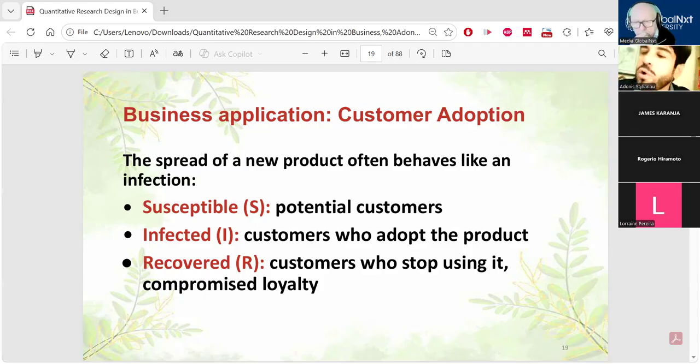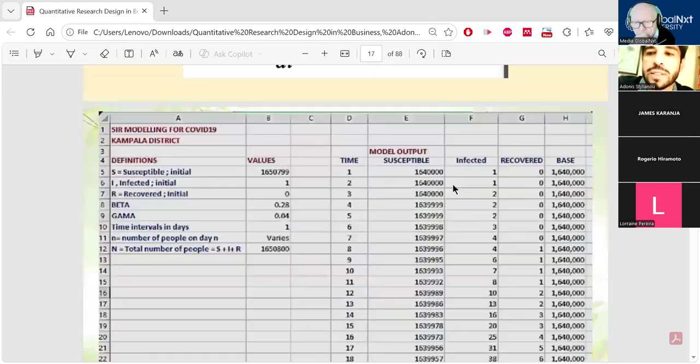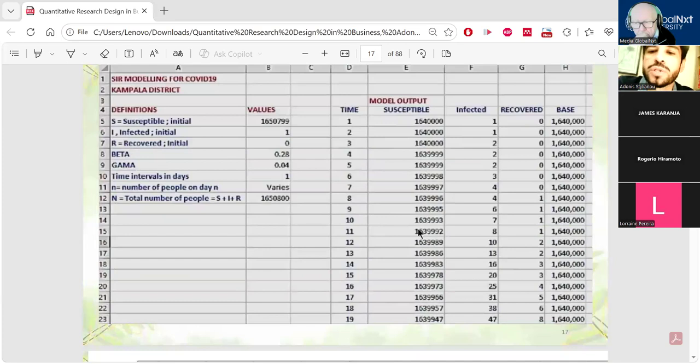So we monitor all three of them, and what we try to do is to consider, as you can see from this slide here, how these three columns are developing every single day. It could be every week, it could be every month, depending on the time period you're choosing, to see how those equations are evolving.